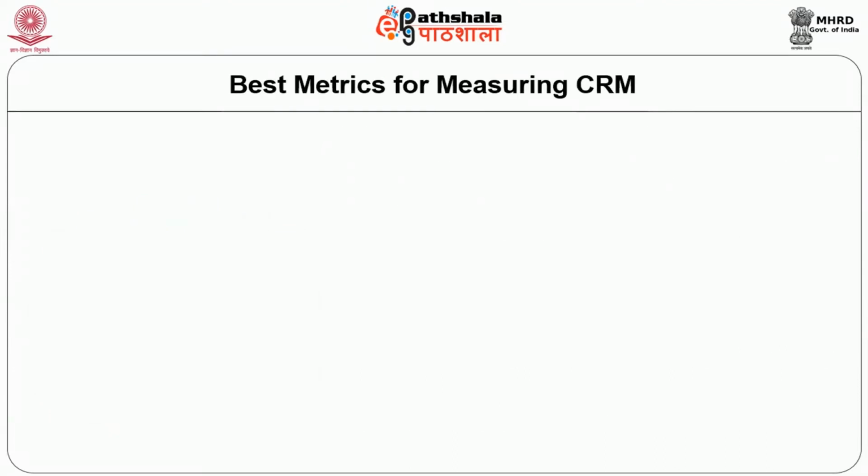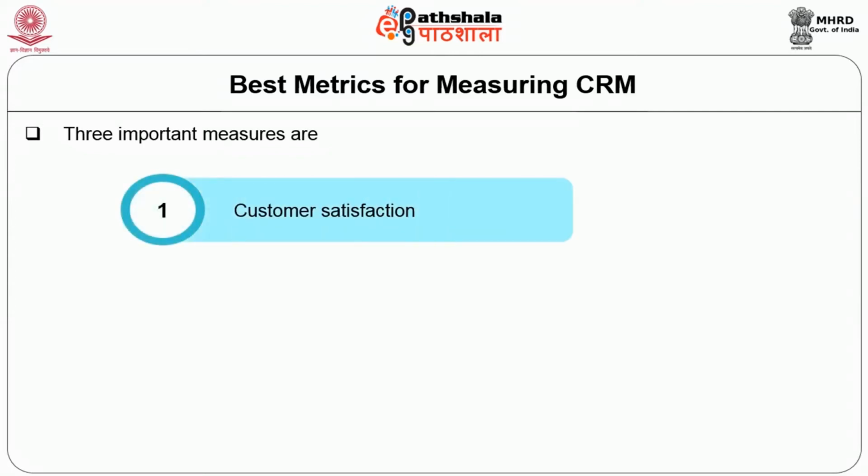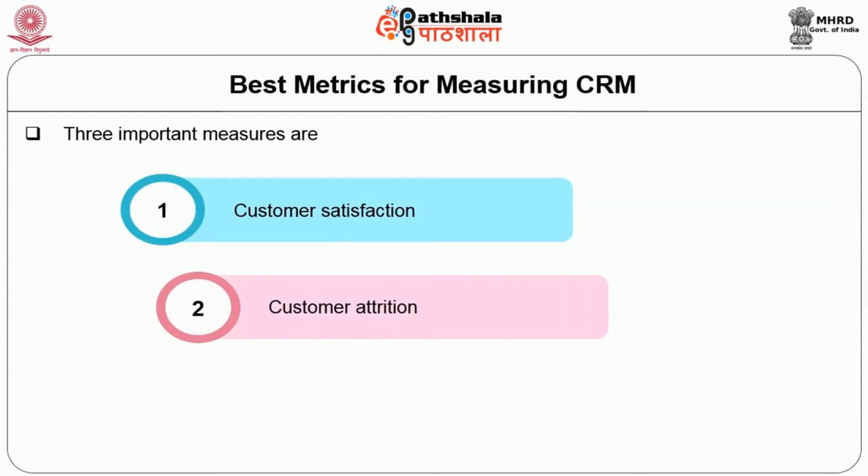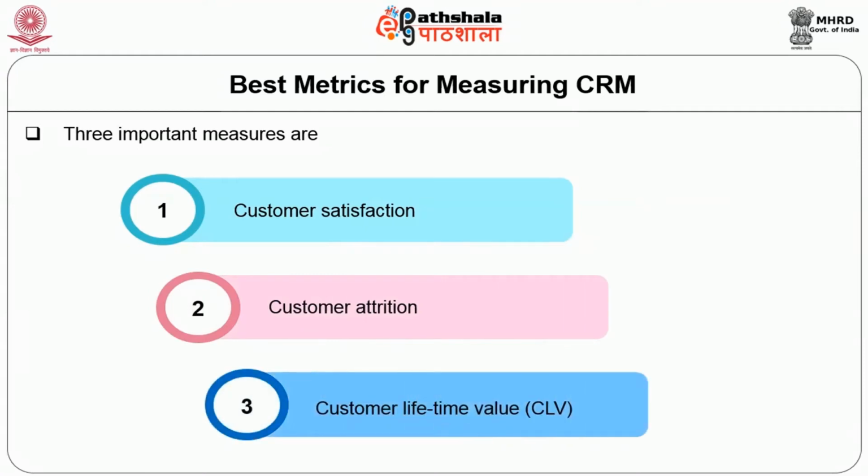Okay, now we will see the best metrics for measuring CRM. How to measure CRM as a tool. Measuring CRM revolves around the customers themselves. Three important measures are: number 1, customer satisfaction; number 2, customer attrition; number 3, customer lifetime value.